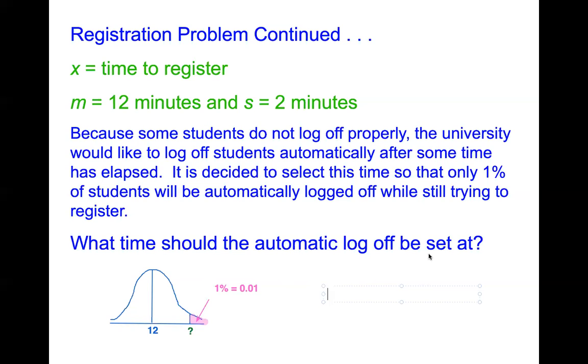In what function? Inverse norm. Good. All right, so inverse norm, nice. And then you said you're going to put for area what? 0.99. Good. And why 0.99? Where'd you get that? Because I did 100 minus 1.